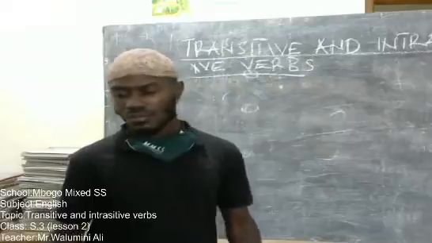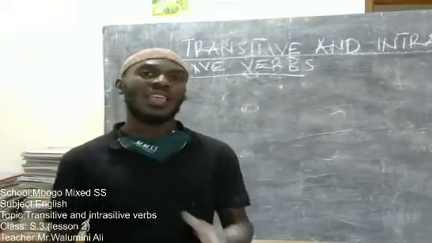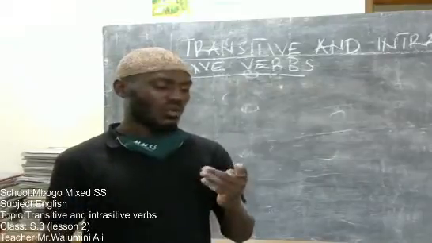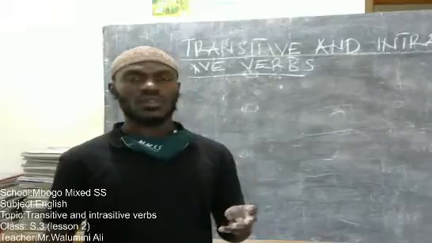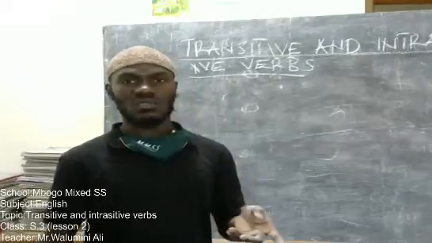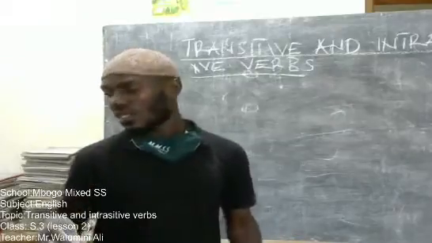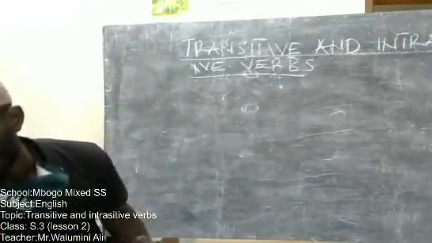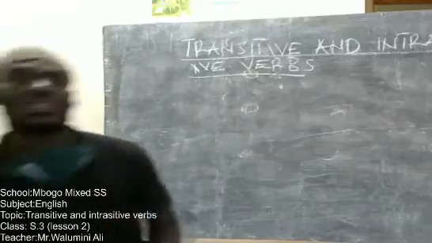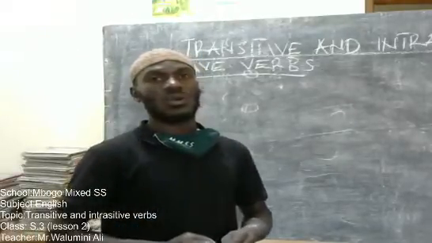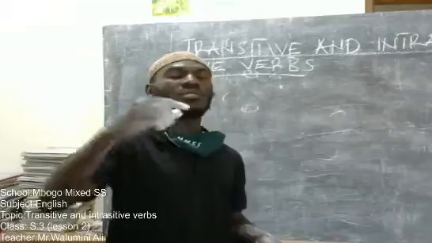Now, I can give you a few examples of transitive verbs and intransitive verbs, and then you will help me later on in your books. This will be like your task or exercise.